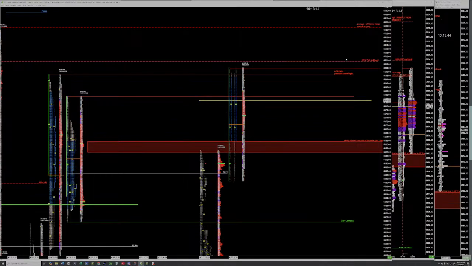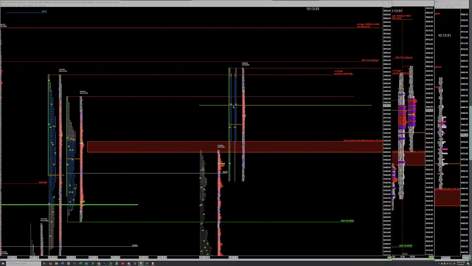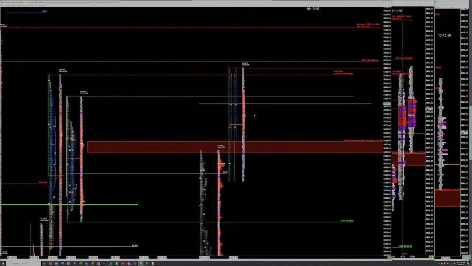Something might come out of this range here. If I see sideways trading here, this will start to look like short covering.